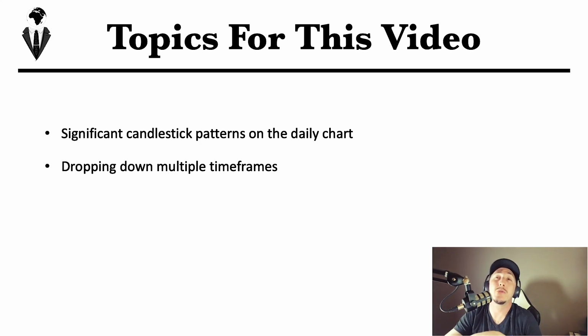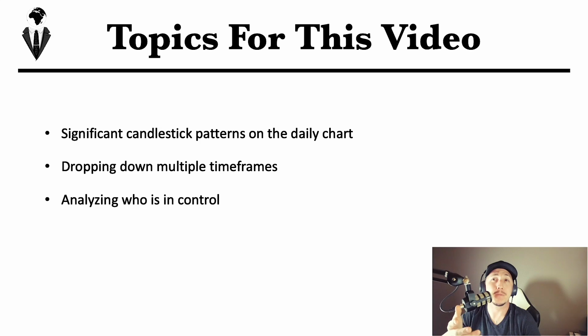So we're going to break down that candle into lower time frames, and then we're also going to analyze basically who's in control based on that pattern, and show you why it formed the way it did, and show you who's truly in control when you look at a different time frame.